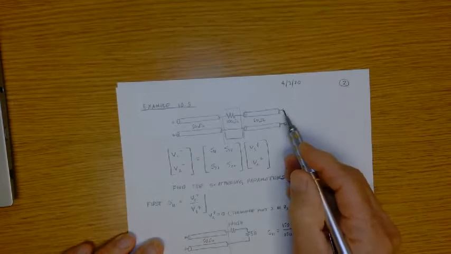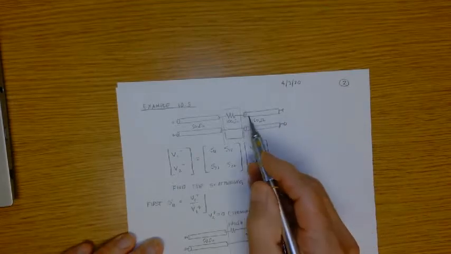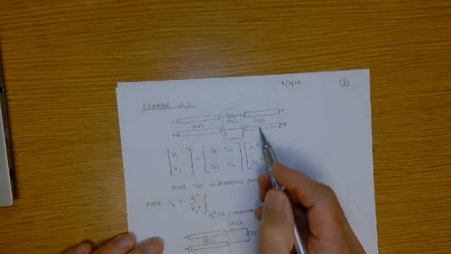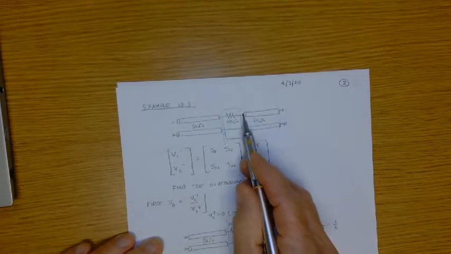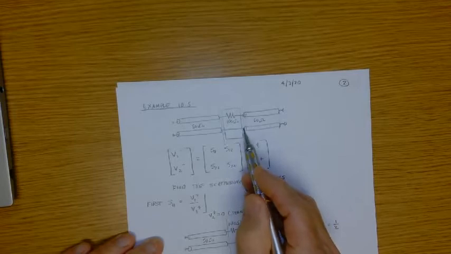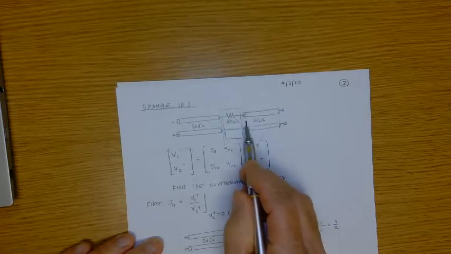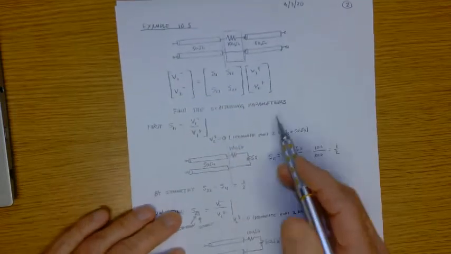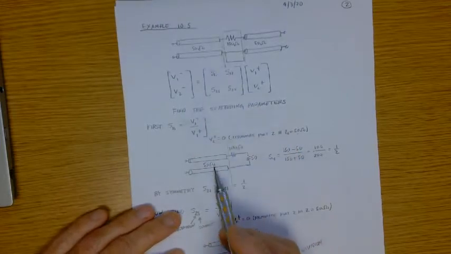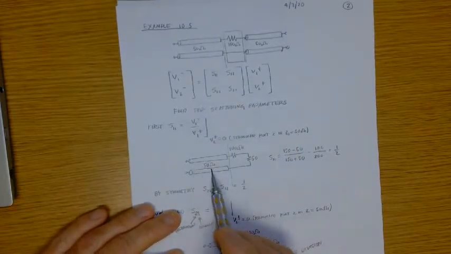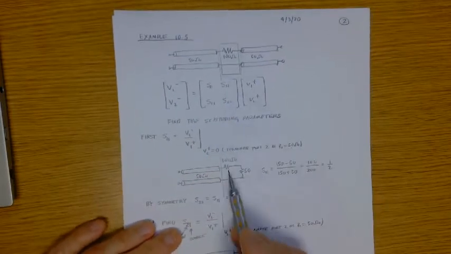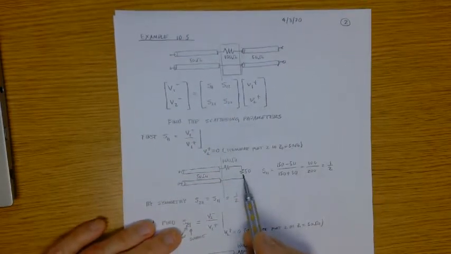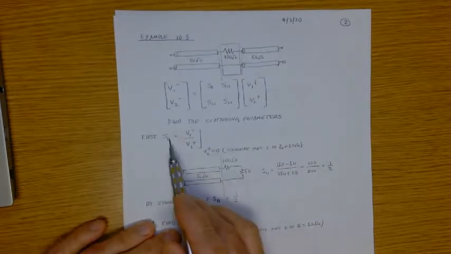If we put a 50 ohm load here, then since the characteristic impedance of the line is 50 ohms and the load is 50 ohms, looking into this port you see 50 ohms looking back that way. So the 50 ohm transmission line on the left sees the 100 ohms here and the 50 ohms here, because we're trying to find S11.